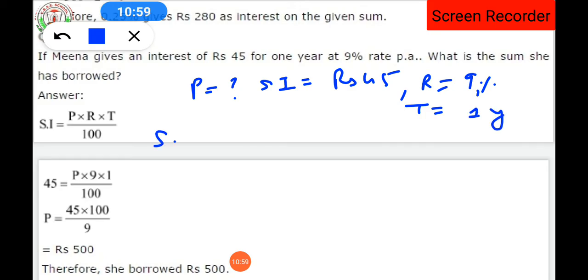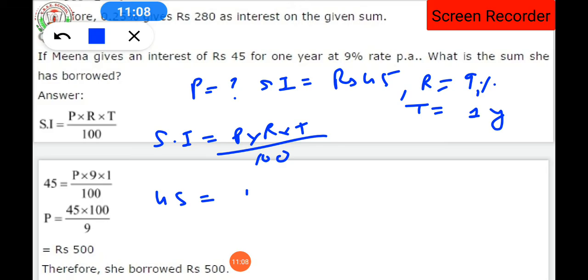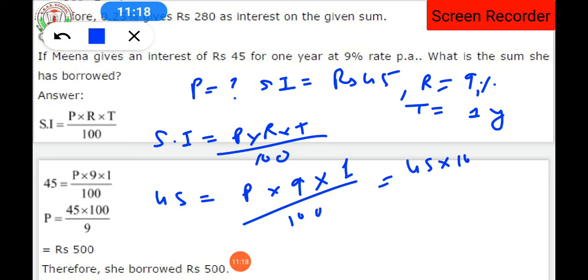Clear? So SI is equals to P into R into T upon 100. So substitute in the value, 45 is equals to P we have to find out, R is given 9% into 1 upon 100. So here we can see that 45 into 100, as this 100 will cross multiplied with 45.